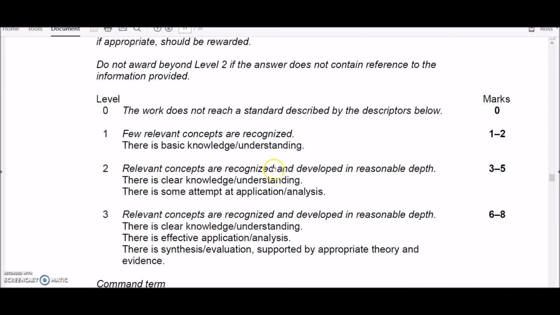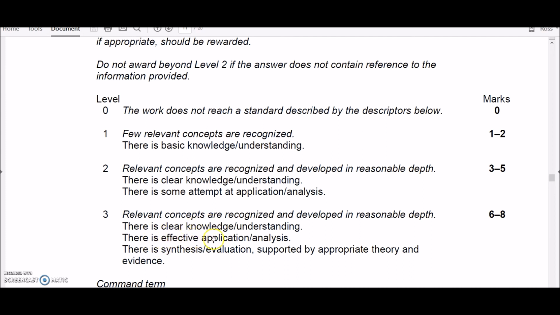But to get to level 2, which is 3 to 5 marks, requires a good deal less. Can you show clear knowledge and understanding? Do you understand what you're talking about? A lot of this is understanding those smaller, minute points that we make. It's not so much the upfront theoretical knowledge, it's understanding the context of the knowledge.